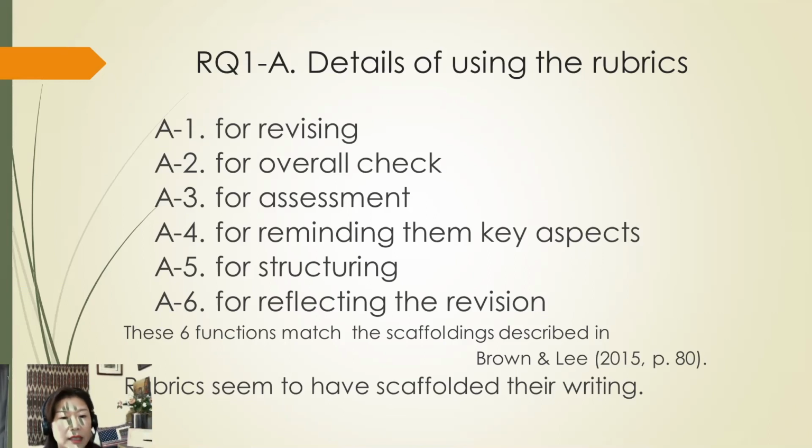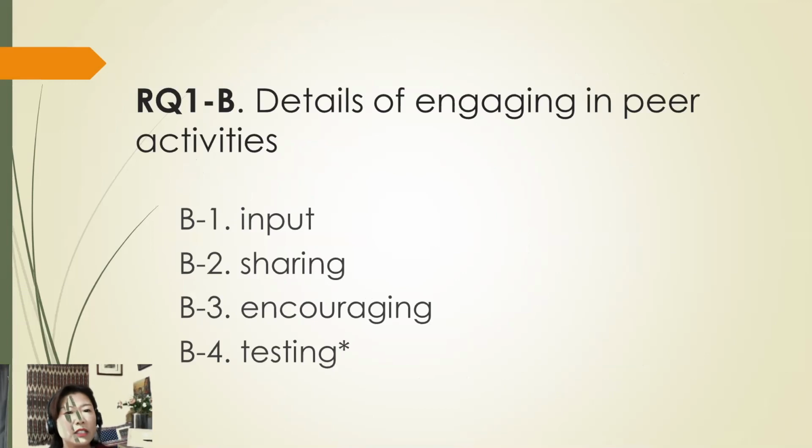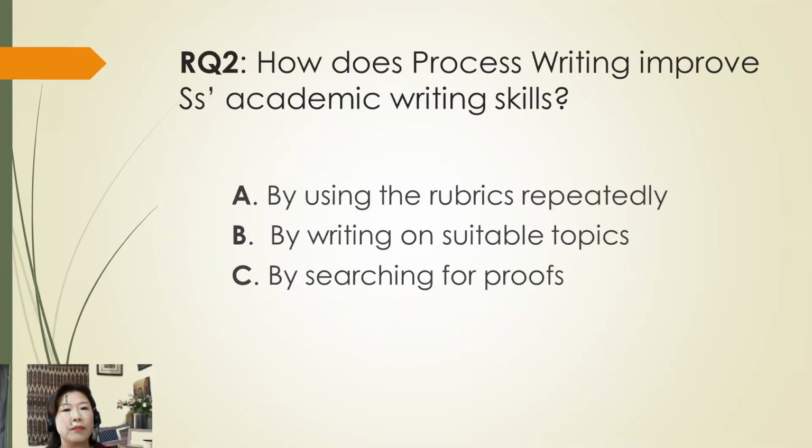Therefore, rubrics seem to have scaffolded their writing. Going into details of engaging in peer activities, they answered that they engaged in input, sharing, encouraging, and testing. And this testing aspect seemed to cause stress.